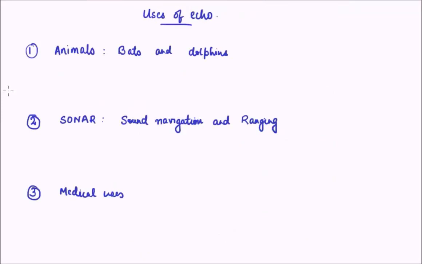But to begin with, let me point out that it's better to use ultrasonic sound because of a few properties of ultrasonic sound. Namely, they can travel undeviated through pretty large distances. Second, they can be confined as very narrow beams, so they can be well directed in a particular direction.